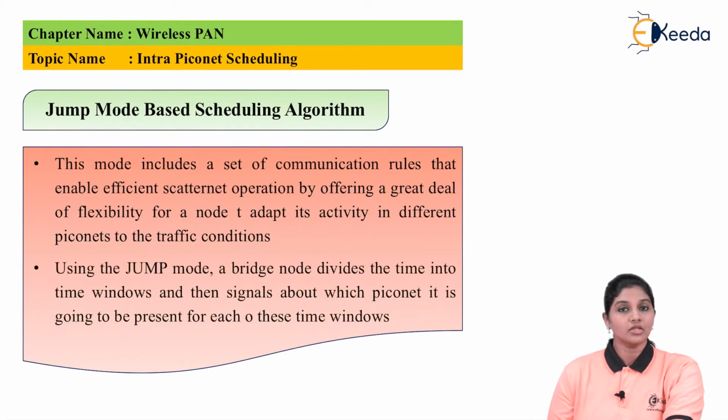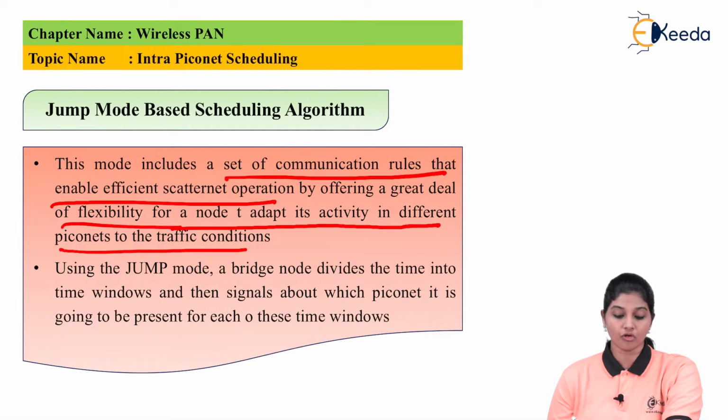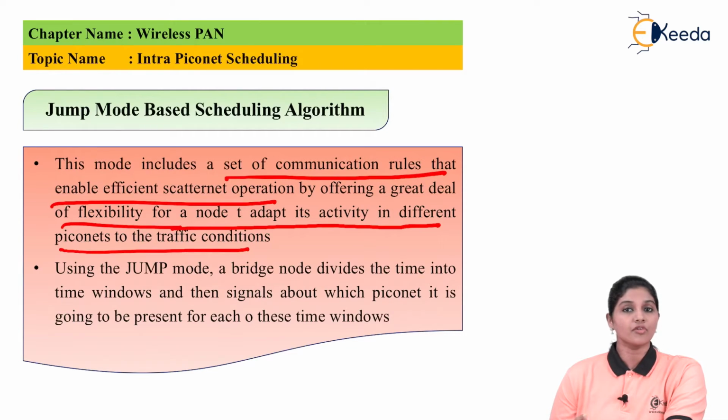Now the next type of scheduling algorithm is the jump mode based scheduling algorithm. This mode includes a set of communication rules that enables efficient scatternet operation by offering a great deal of flexibility for a node to adapt its activity in the different Piconets to traffic conditions.